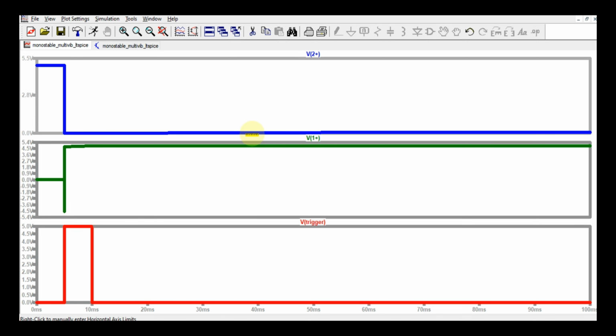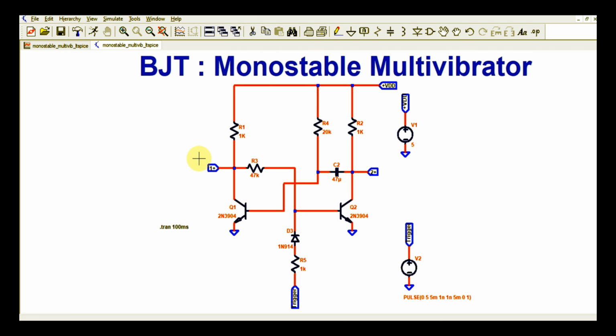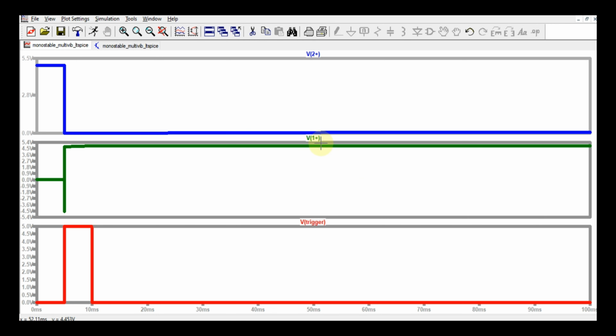So this is also holding one stable state. That means it is holding the 0 state, and the other is holding the high 5 volt state. The voltage at the 1 plus node is the complement of the voltage at the other node, right? The voltage at the 1 plus node has a stable state high, and the voltage at the 2 plus node has a stable state low, right?